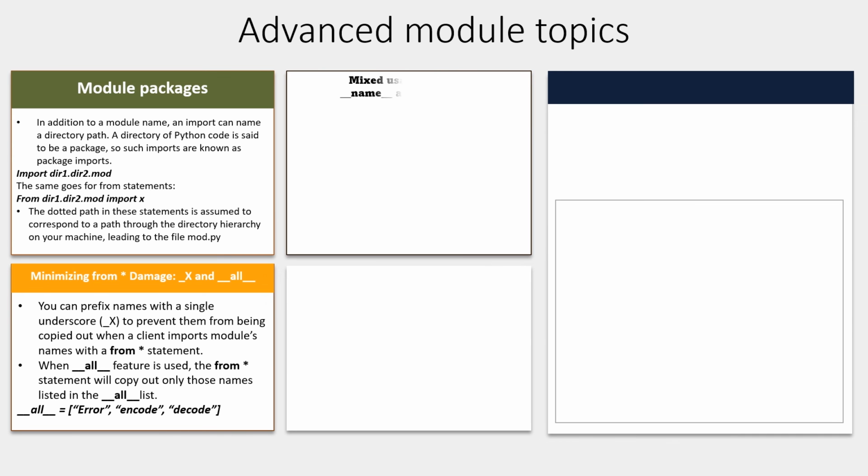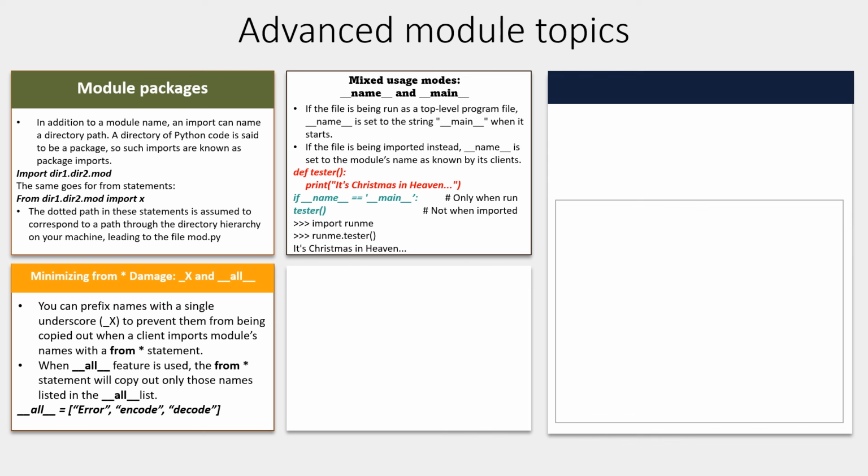So each module has a built-in attribute called double underscore name double underscore, which Python sets automatically as follows.